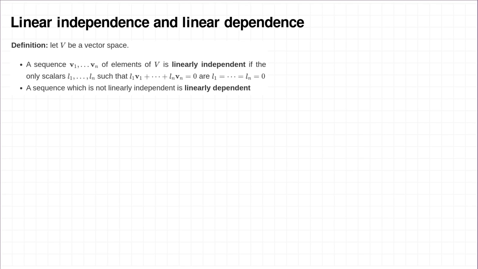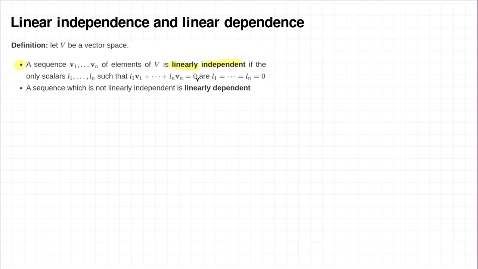So the definition is, first of all, that a sequence V1, V2 up to Vn of elements of a vector space V is called linearly independent if the only scalars you can find, such that L1 times V1 plus L2 times V2 up to Ln times Vn is equal to the 0 vector (here, of course, that 0 should have a subscript V, it's the 0 vector in V), are the scalars which are all 0.